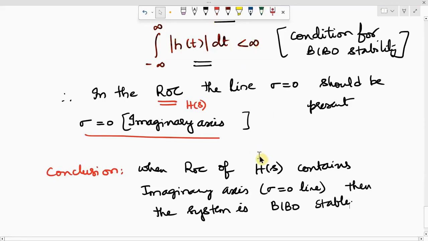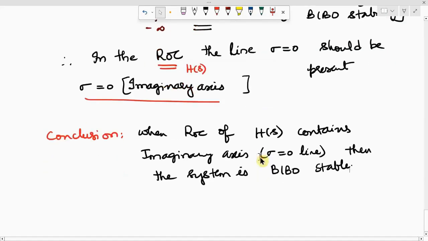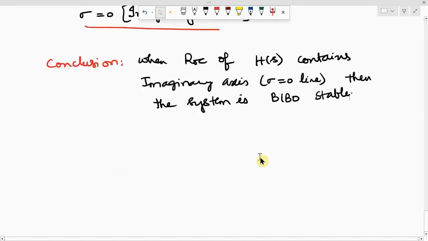Any doubts till this point? No, sir. Right. Now let's see an example for this.